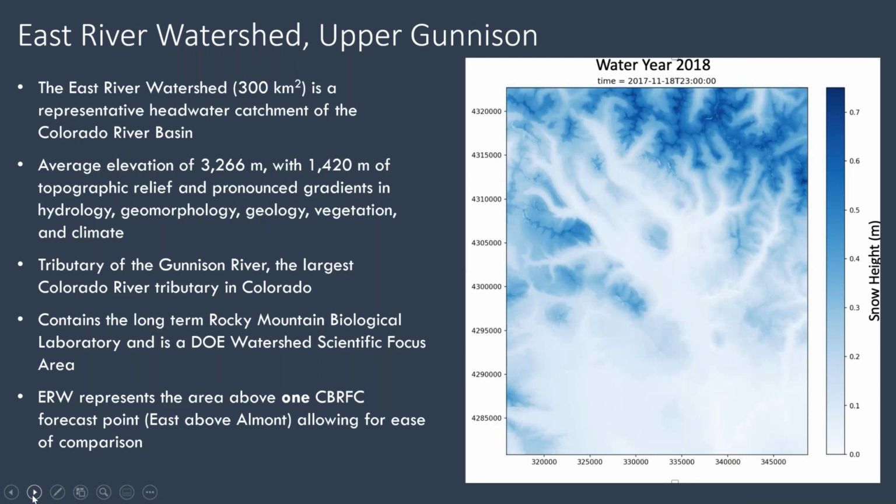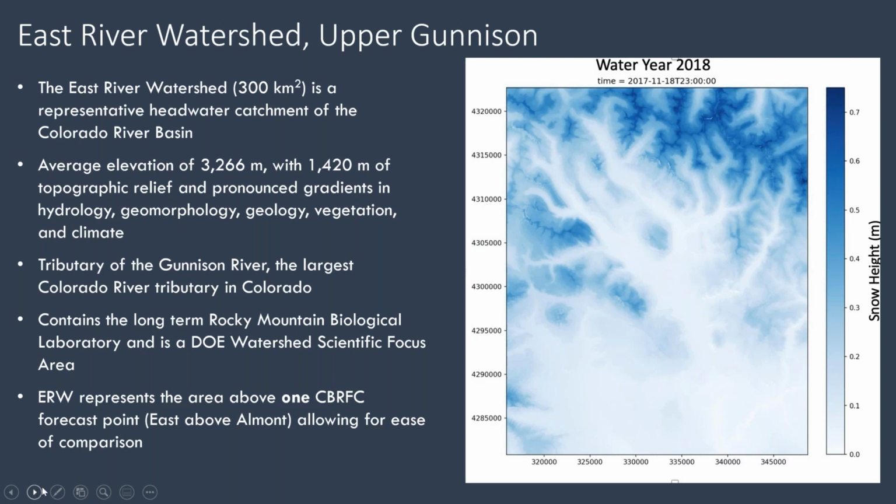Okay, so this is really the most exciting outcome of this project so far: we've been able to run iSnowBal over the Upper Gunnison for 2 water years now, water year 2018 and water year 2019. I'm showing a subset here, the East River watershed, which is a representative headwater catchment of the Colorado River Basin.